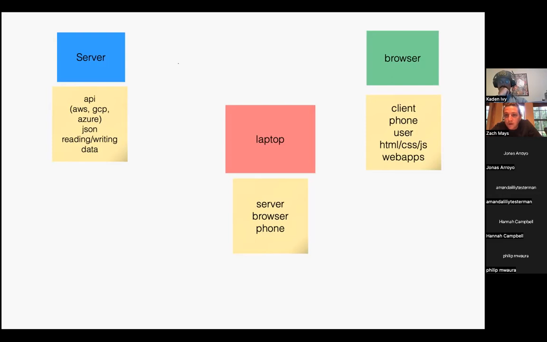So there are these two large concepts, server and browser. And your laptop can act as either one, right? Depending on the problem you're working on, you're doing stuff for the server, or you're doing stuff for the browser.